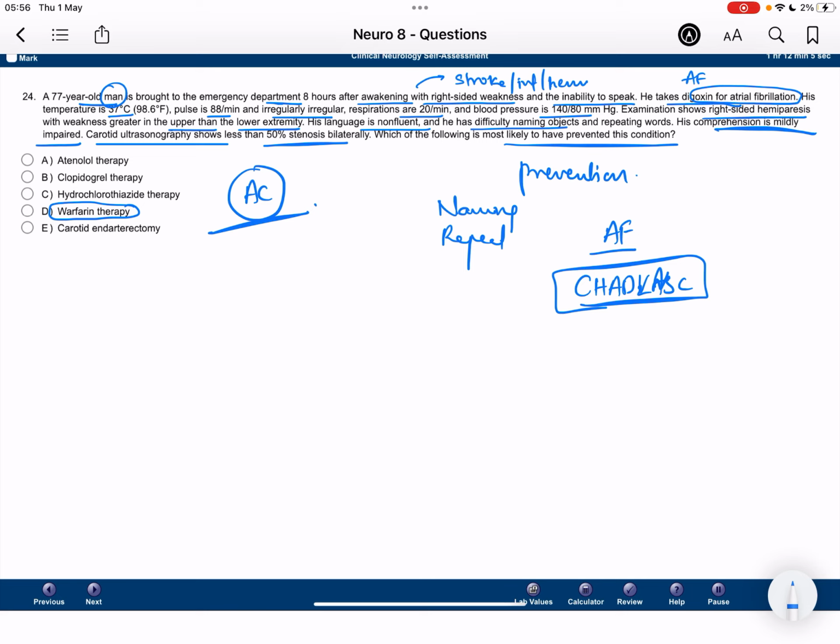What is CHA2DS2-VASc score? CHA2DS2-VASc score is nothing but patient who has got the risk factors and we will have to calculate them.